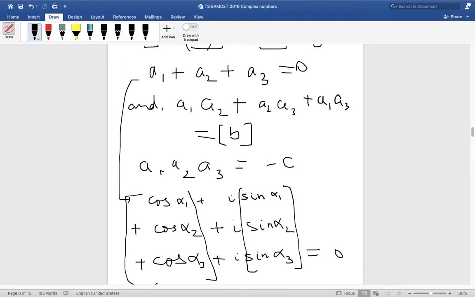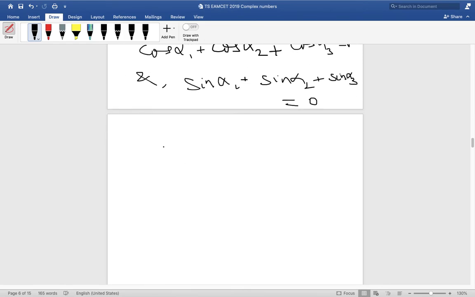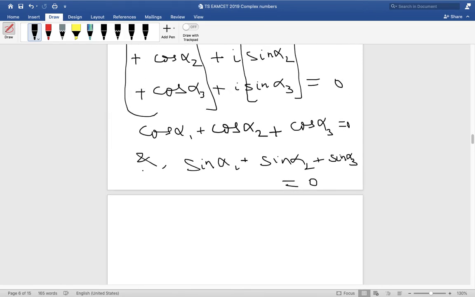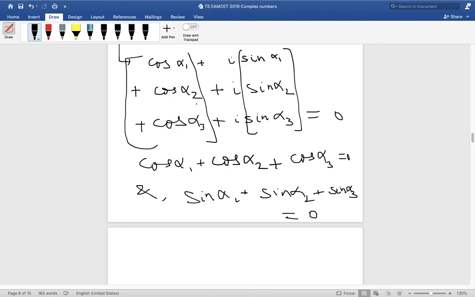And A1, A2, A3 is equal to minus C. So A1 is this, it will be multiplied with this, it will be multiplied with this. It will be a nightmare if we try to solve it.